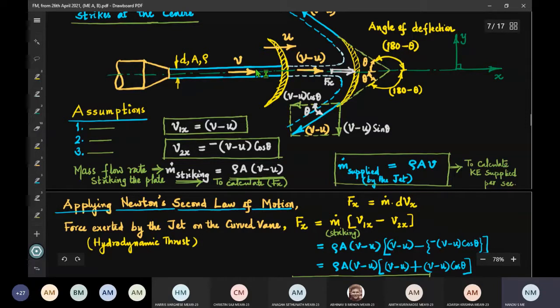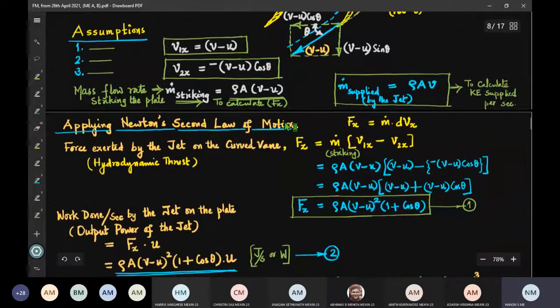In that case, the jet will be deflected so that it goes in the negative x direction after deflection. So it makes a complete U-turn, that I told you in the previous class itself.